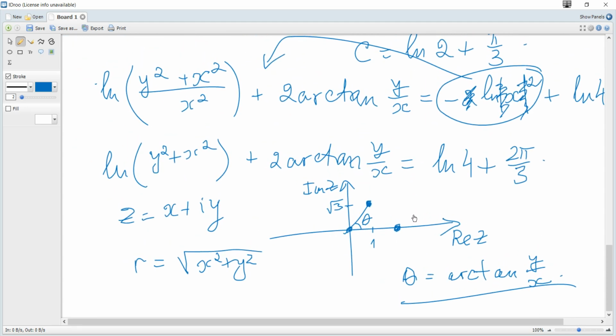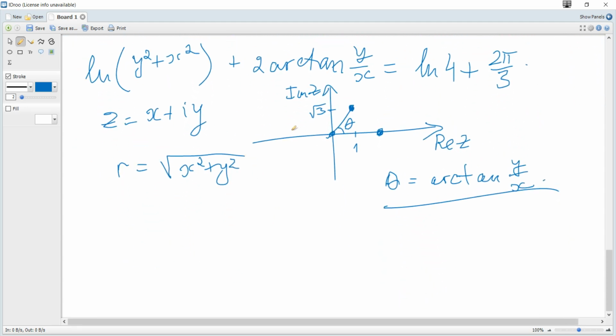And hence we can see that our equation becomes ln of this, it's just ln of r squared, plus 2 arctangent y over x, which is theta, is equal to ln of 4 plus 2 pi over 3.